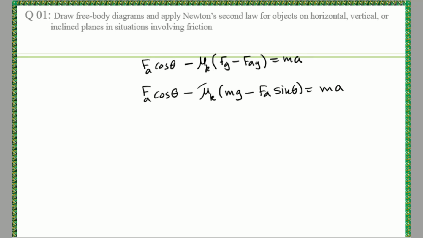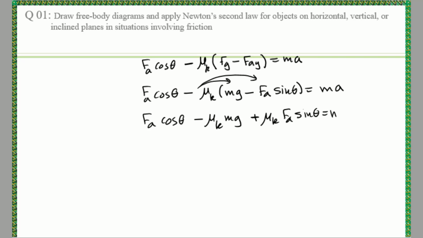Now we will distribute mu k here: Fa cosine theta minus mu k mg plus mu k Fa sine theta equals m times a.